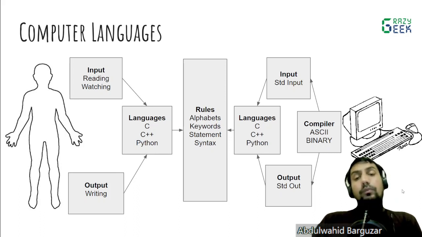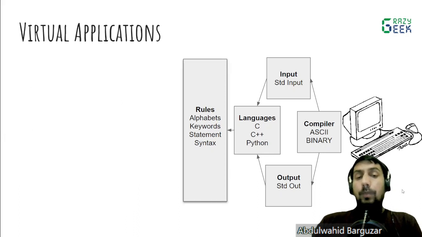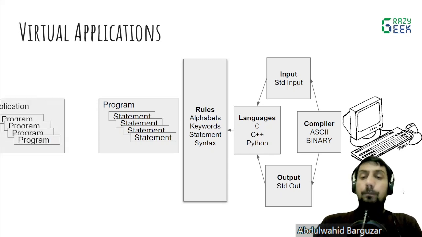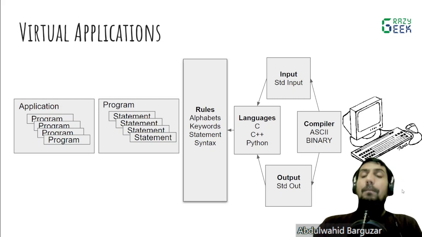Now, with the help of these languages, in the real world scenario we combine the statements together in order to form a program. In other words, a program is nothing but a collection of statements which executes in a computer, right? And in a similar fashion, we combine the programs in order to create an application.